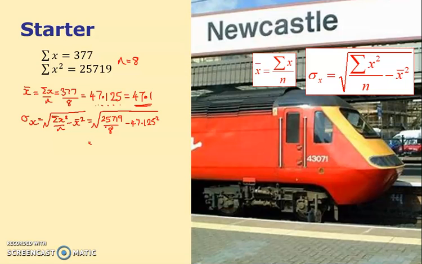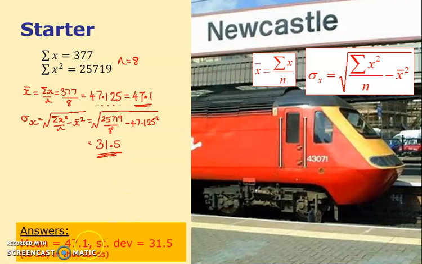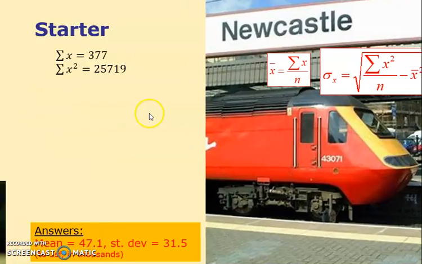Square root of the fraction 25719 over 8 minus 47.125 squared. Okay, fair enough: 31.5 to 3 significant figures. So that's what I think the answer is. Apparently it was in thousands, but I didn't really mind that. That's how many thousands of people travel by train every day in the local authorities in the northeast of England. Okay, second question.